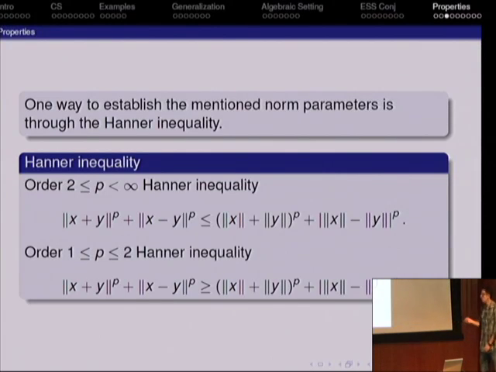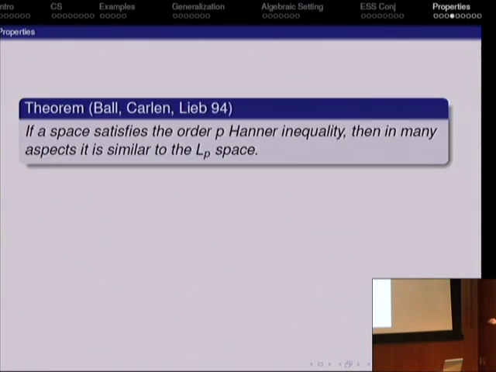So it's a very simple inequality, and it turns out that it's actually hard to establish for many spaces. So there's this really nice paper of Keith Ball, Carlen, and Elliott Lieb from '94, where they looked back at this classical inequality, and they showed that many of these inequalities that we are looking at, like smoothness, convexity, and type, cotype, follow from this with the right constants, with optimal constants.